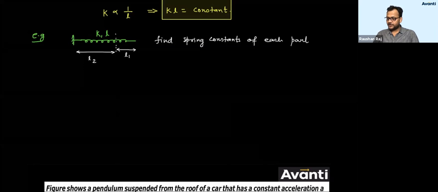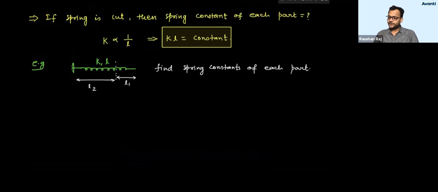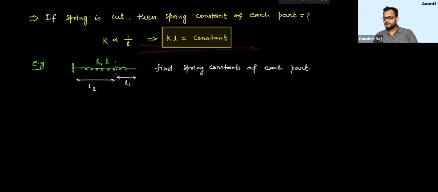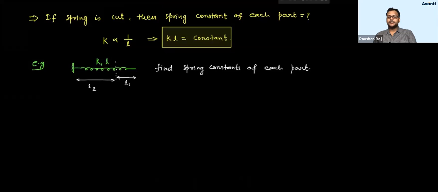Let us see how many of you can actually solve this if I give you the concept. Come on, children, give me the answer. So k into L has to be constant. That means spring constant will be inversely proportional to the length of the spring.